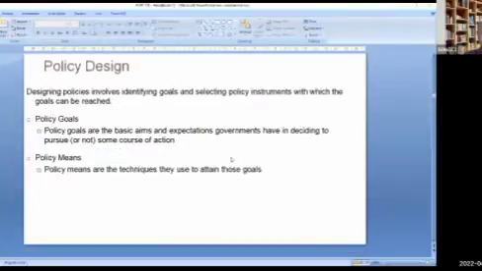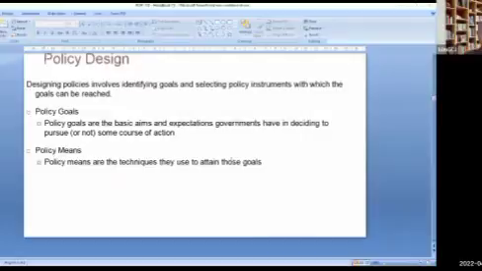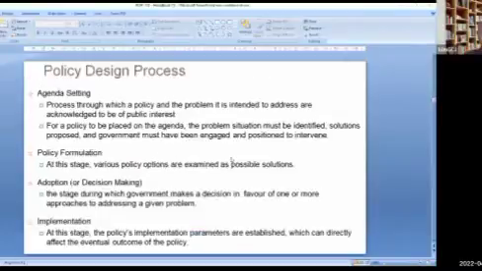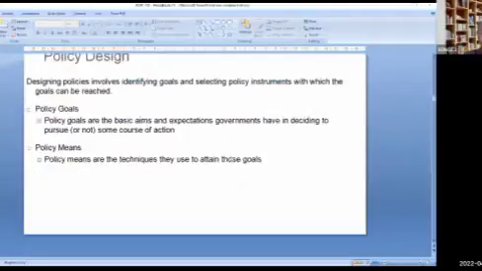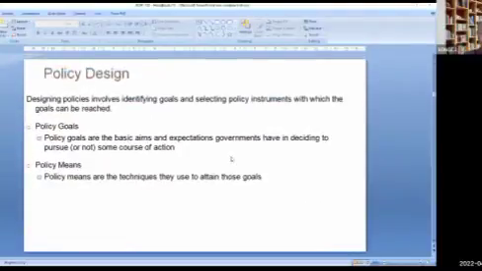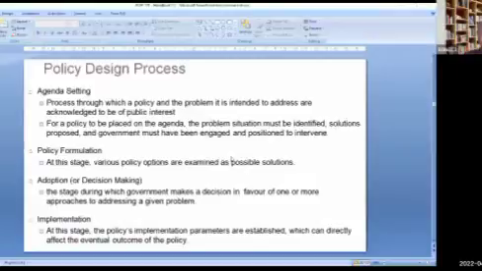And then policy design, we talked about policy goals and policy needs. And then the policy design process: agenda setting, policy formulation, policy adoption, and implementation.